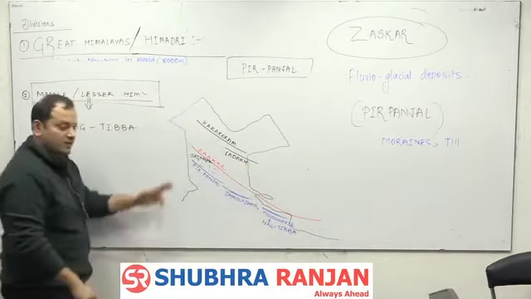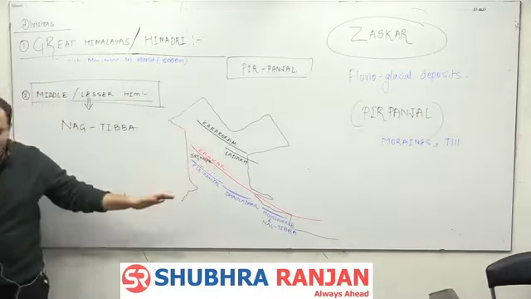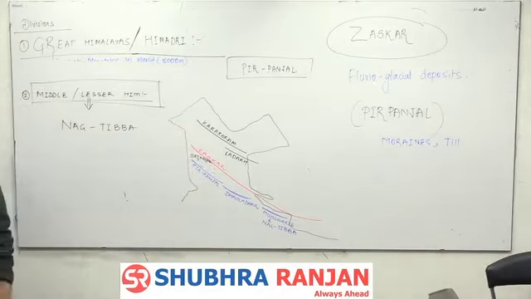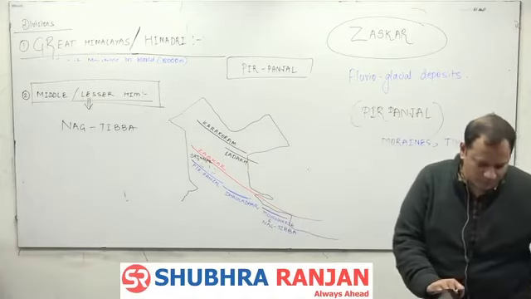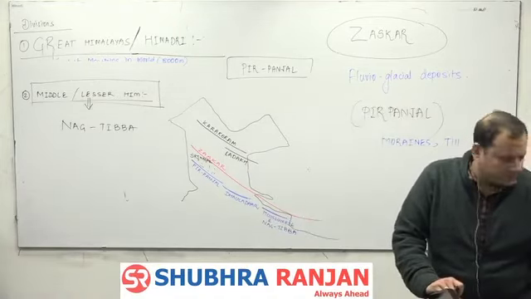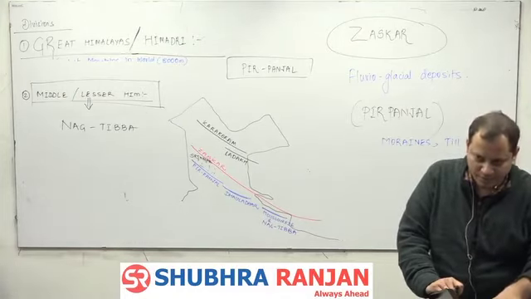Mansarovar, China. So this is the map of India. Karakoram, Ladakh, Zaskar, Pir Panjal and Pir Panjal के just नीचे धौलाधार. ठीक है? Fine with this?